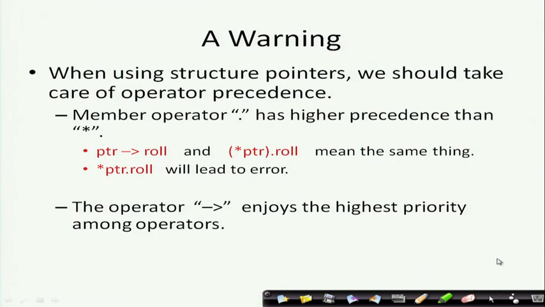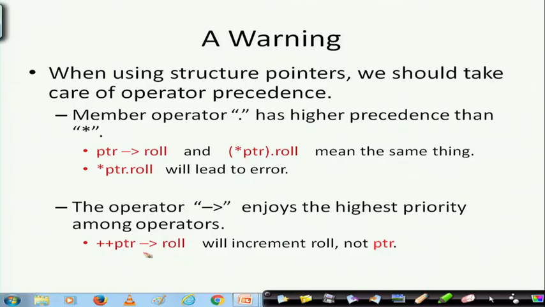So, we have learnt, here in this case what will happen? Plus plus PTR arrow role. As we have said that arrow has the highest priority, we will go to where the PTR is and go to the role field of that, and after that we will increment, although plus plus is shown as a pre-increment.